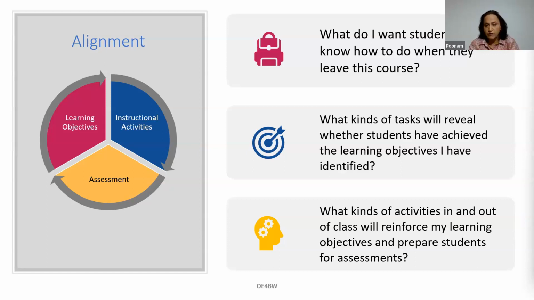For example, if your intent is for the students to be able to apply, criticize, or evaluate a certain concept, but assignments and exams ask students to remember, identify, and describe the concept, then your assessments are not aligned with your desired learning outcomes. Asking students to describe a concept does not encourage them to evaluate the concept in context and does not provide evidence that they can evaluate the concept.